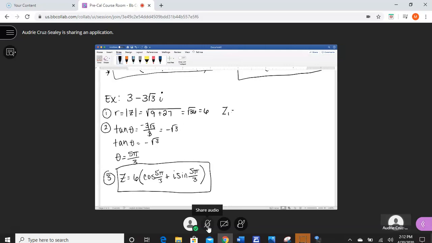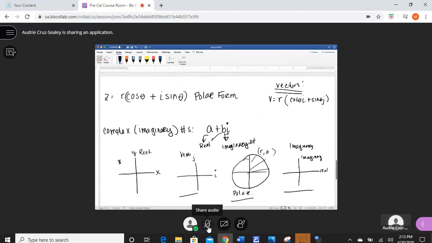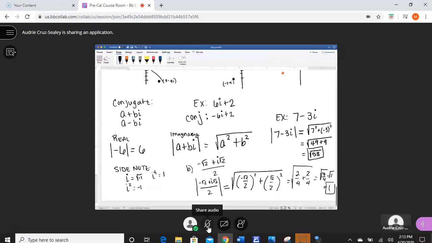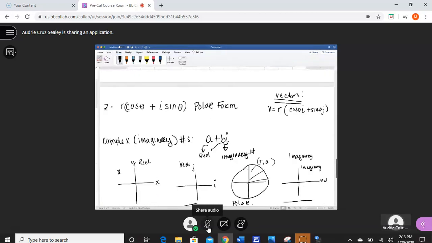So if you have one complex number with your R value, R1, cosine theta 1 plus i sine of theta 1, and then another complex number, R2, cosine of theta 2 plus i sine of theta 2, so you have two complex numbers.